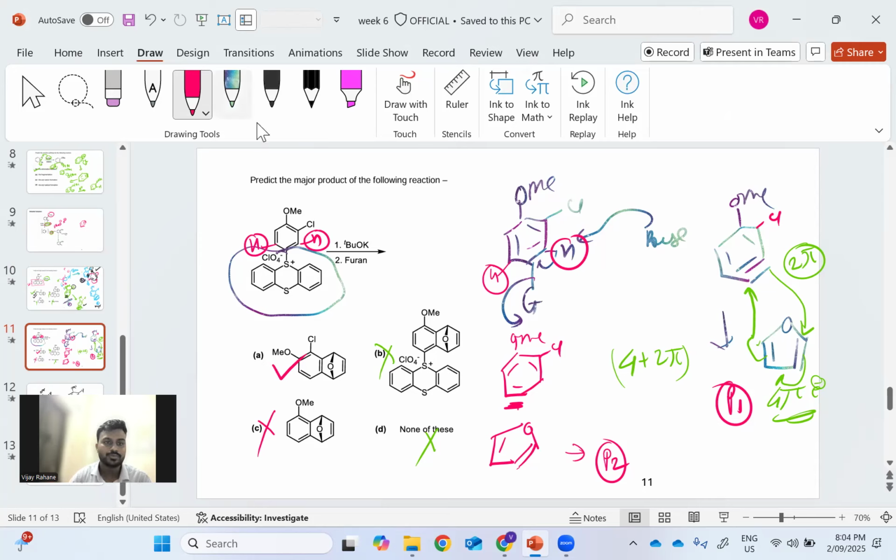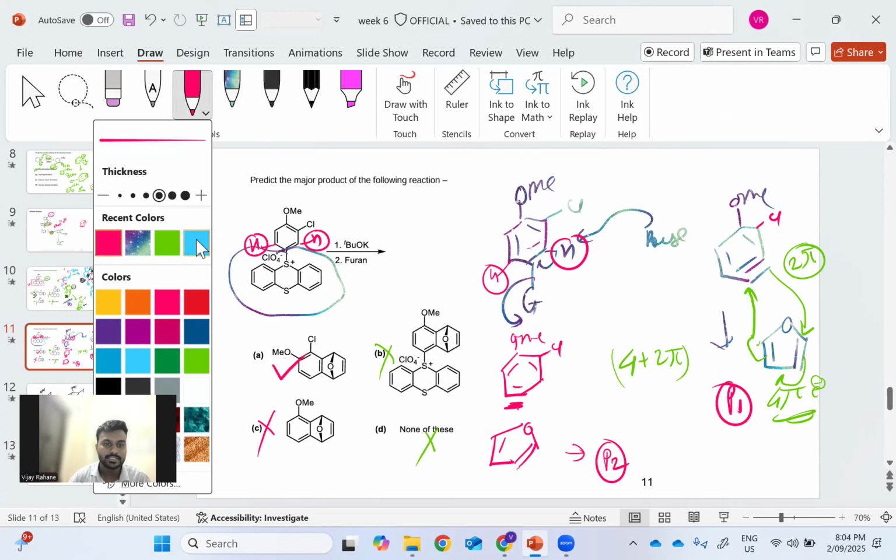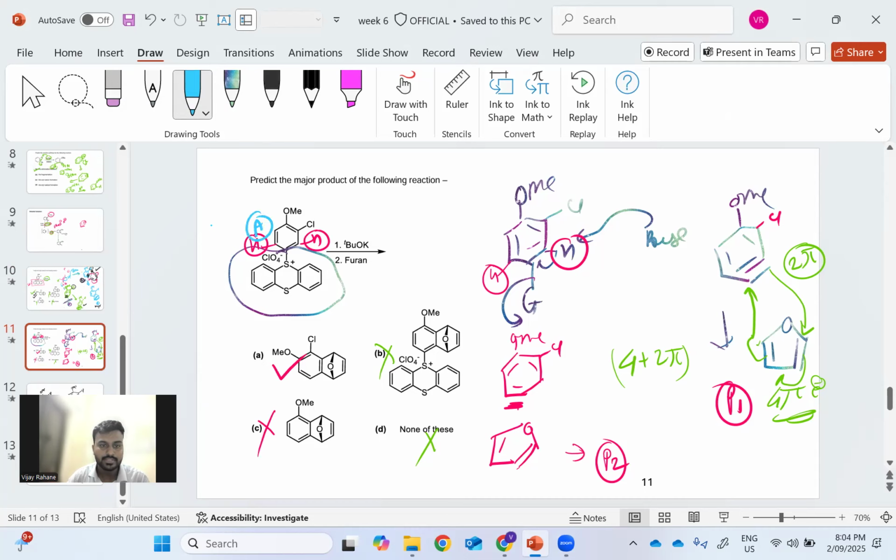So you have the two options. I will just label them A or B. So you have the A hydrogen and you have the B hydrogen. This is the route I have shown with the B hydrogen abstracted, right? And the other route is with the A hydrogen abstracted. So which hydrogen is abstracted to form this product?